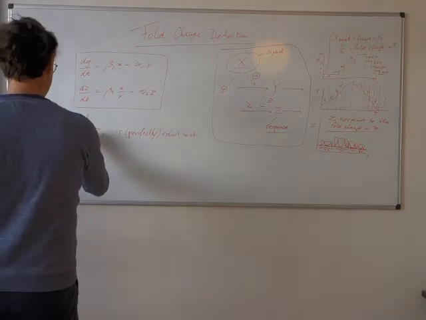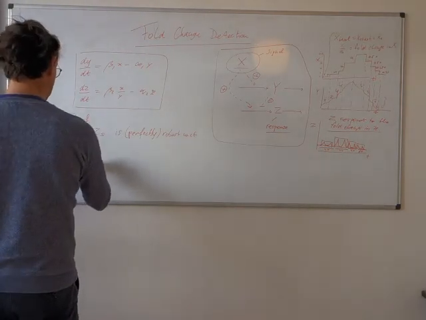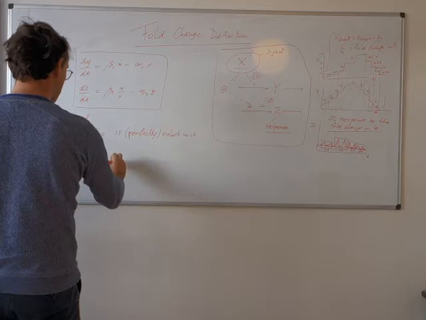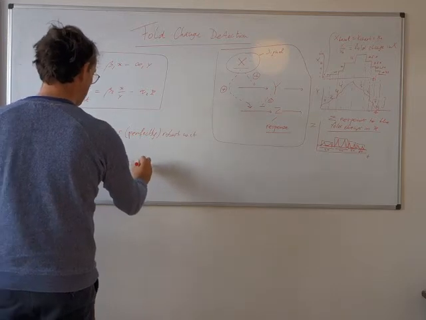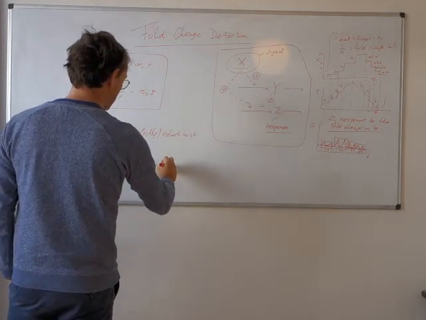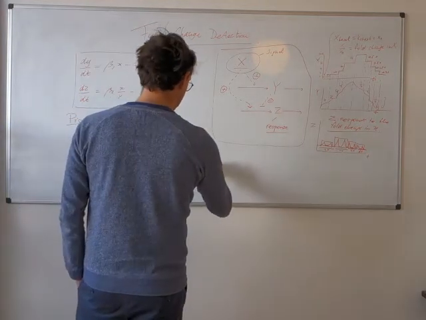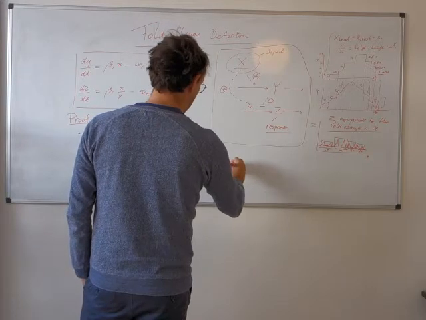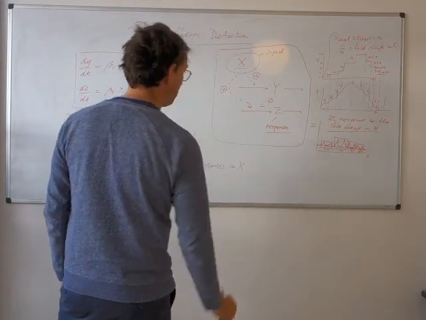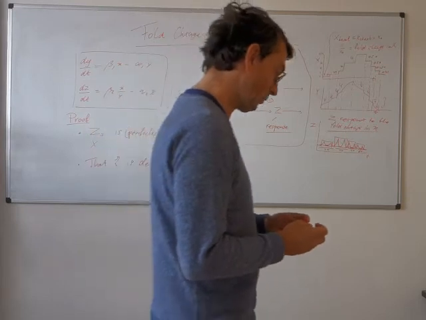And we have to show that Z is detecting fold changes in X. Okay, so those are the two things that we need to show.